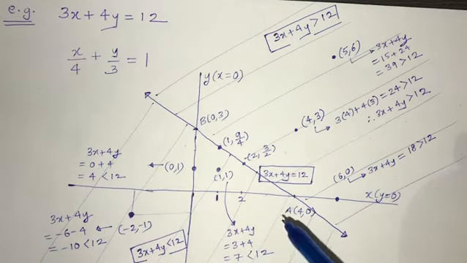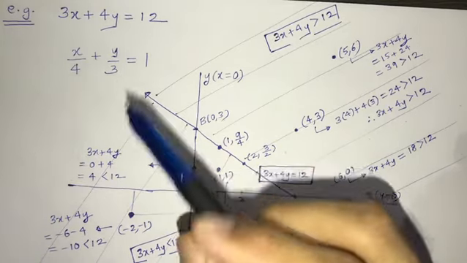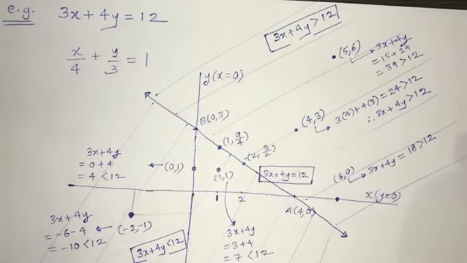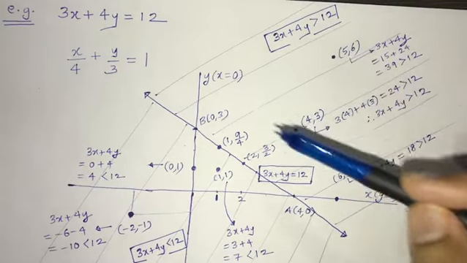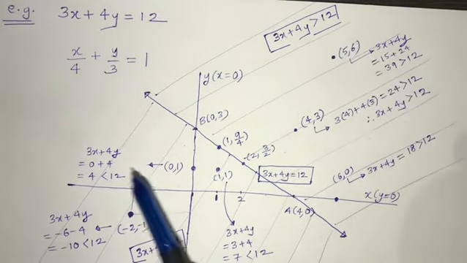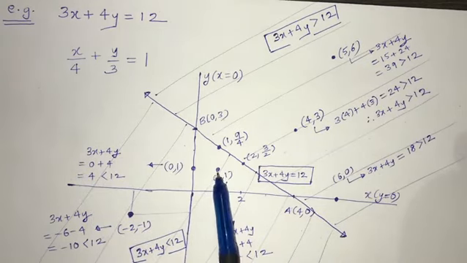Every point on the straight line will satisfy the equation, giving 3x plus 4y equal to 12, but the line will divide the plane into two parts, the upper half plane and the lower half plane. One will comprise the points which satisfy 3x plus 4y greater than 12. The other half plane will be made up of points satisfying 3x plus 4y less than 12.